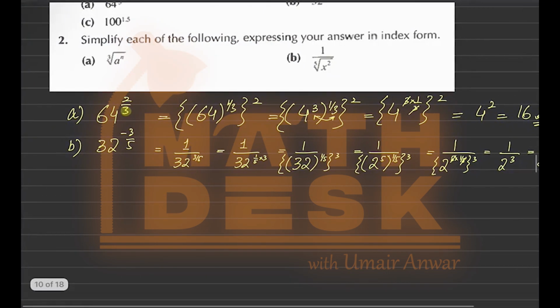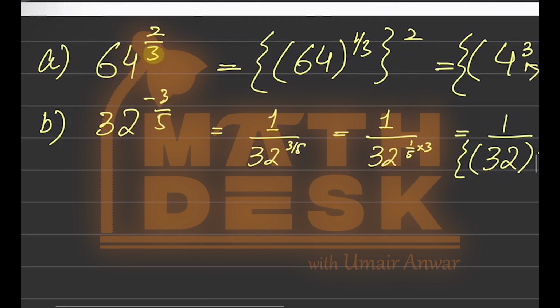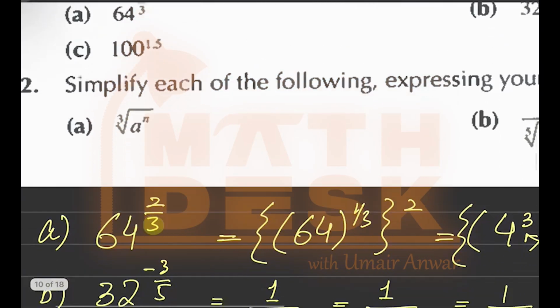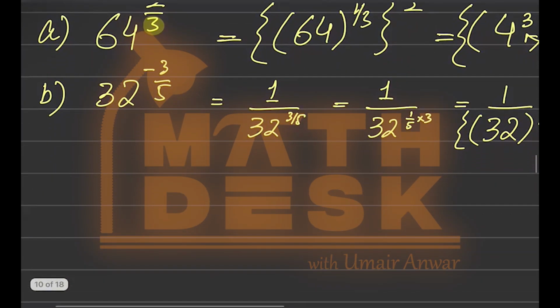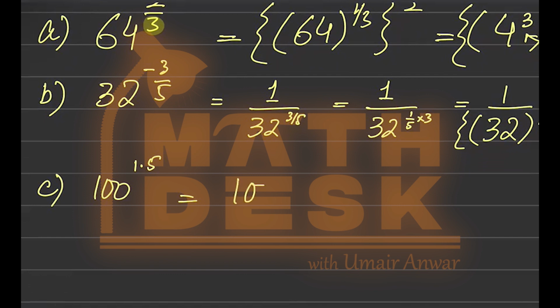Now, the next part is where we have a decimal index. And it is 100 raised to 1.5. Now, these indices are simplified by first converting them into a fraction. So it would become 15 upon 10.